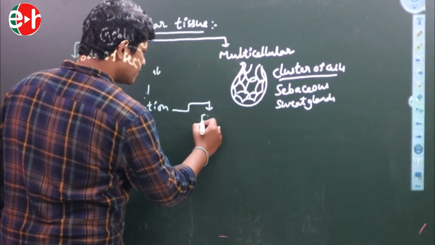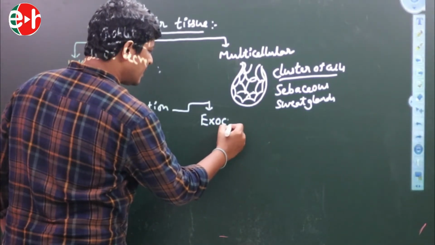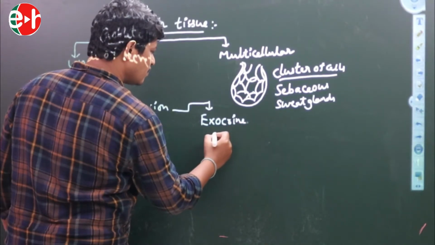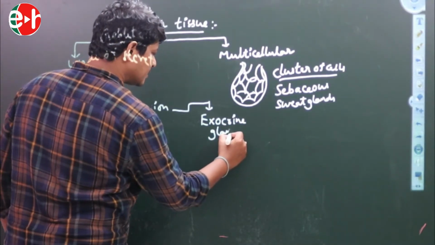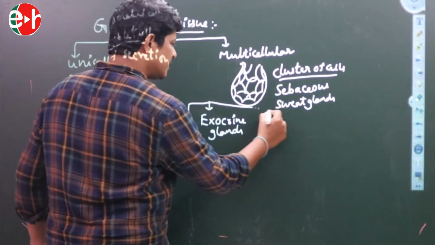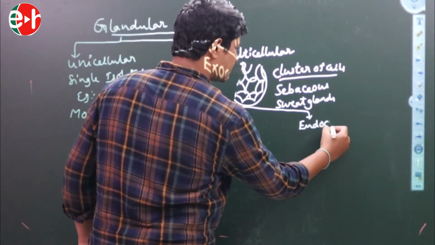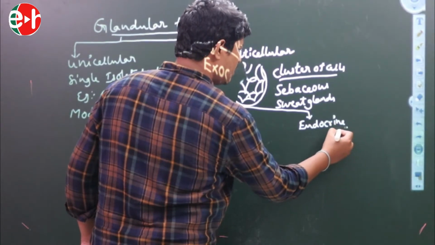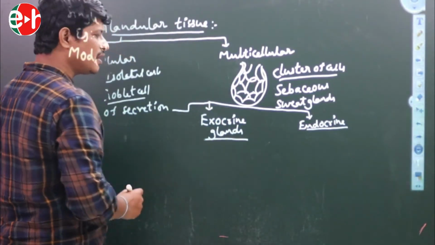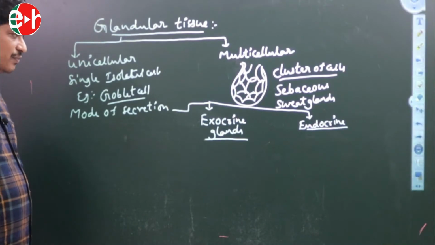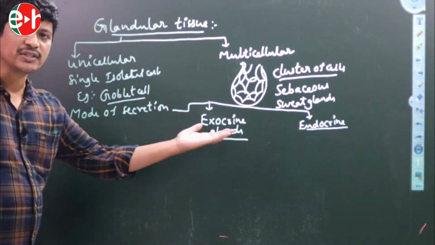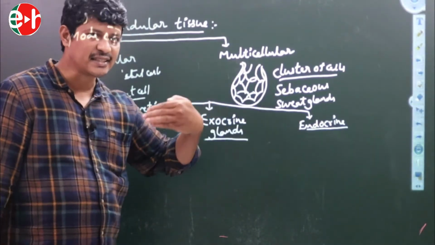One is exocrine glands, and the second one is endocrine glands, exocrine glands and endocrine glands. Exo means outside, endo means inside.